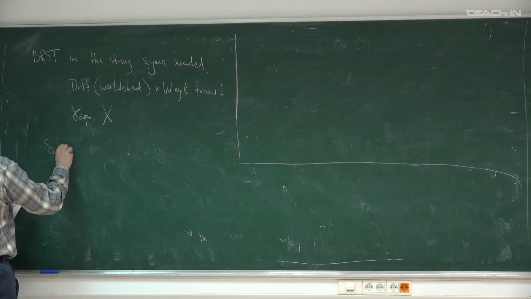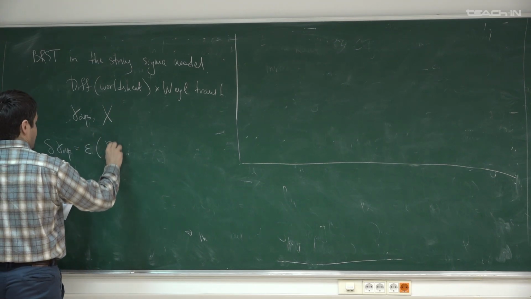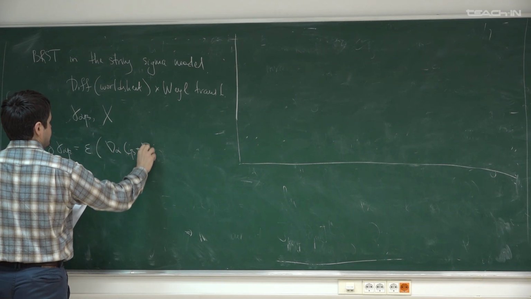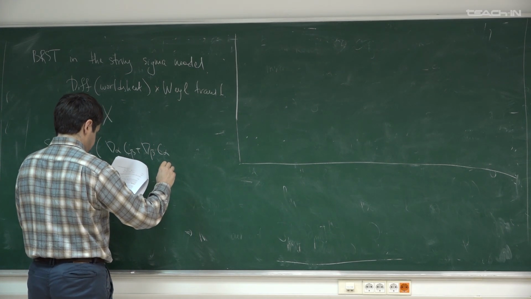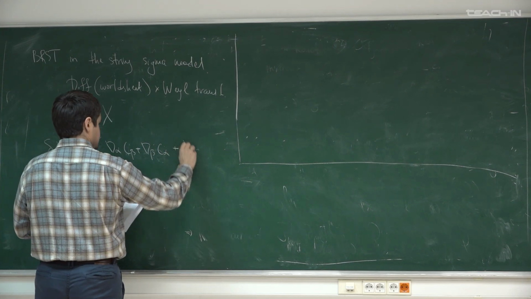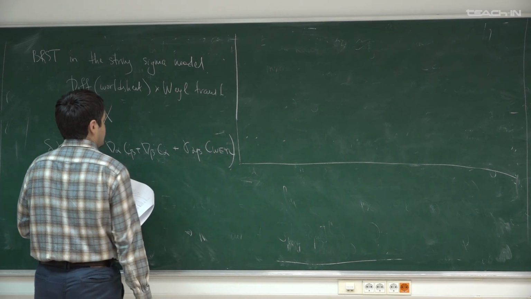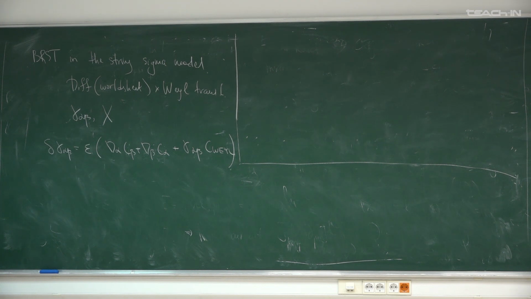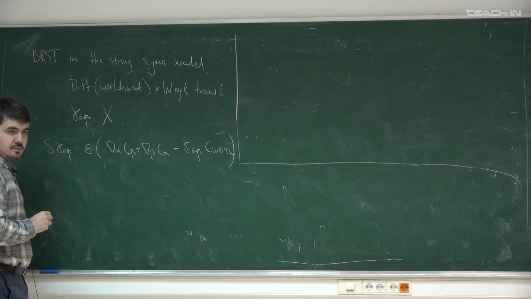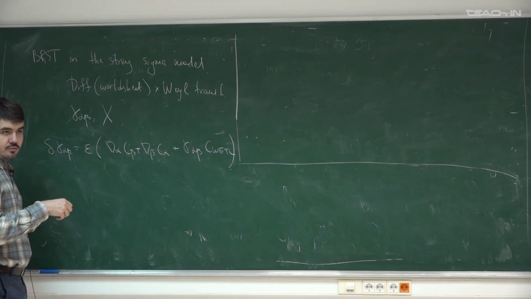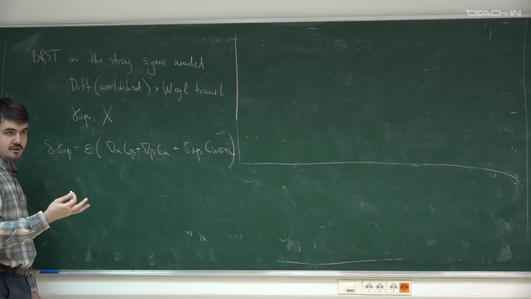The variation of the metric is epsilon times this. As we already discussed in the case of non-abelian theory, the ghost will generally live in the Lie algebra of your gauge group. So here the Lie algebra is the Lie algebra of vector fields.